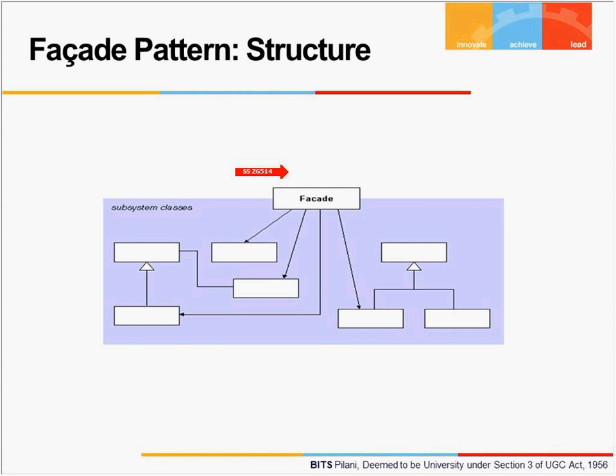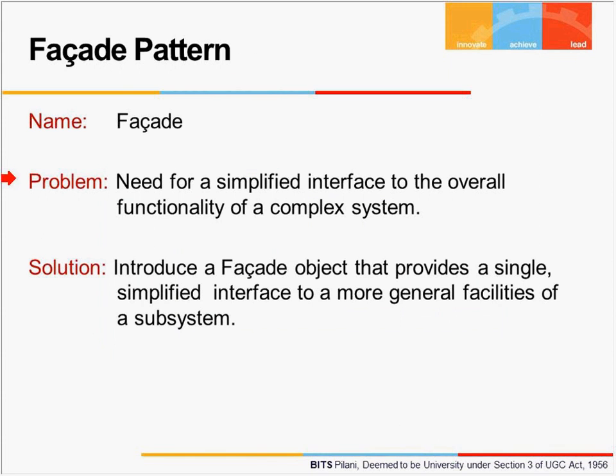Okay. Come back to what is the facade pattern. What is the problem that this particular pattern aims to solve? So there is a need for a simplified interface to the overall functionality of a complex system. Right? Whenever there is a need for a unified, simplified interface to the functionality of a complex system, this is what is overcome by the facade object.